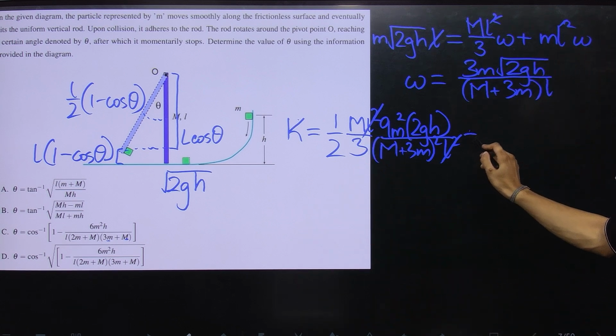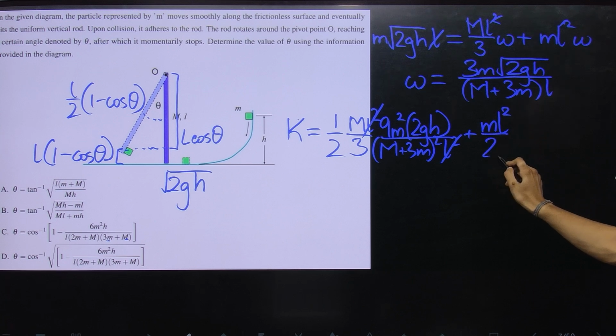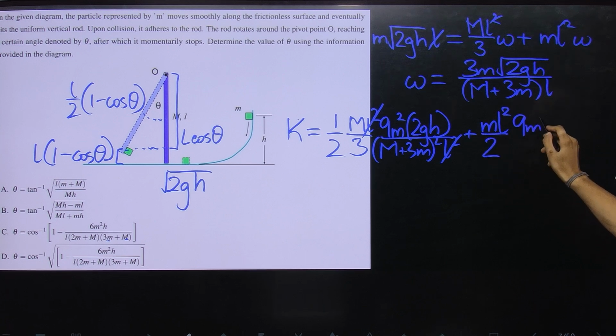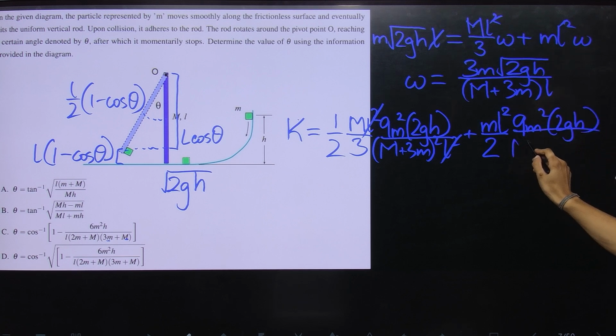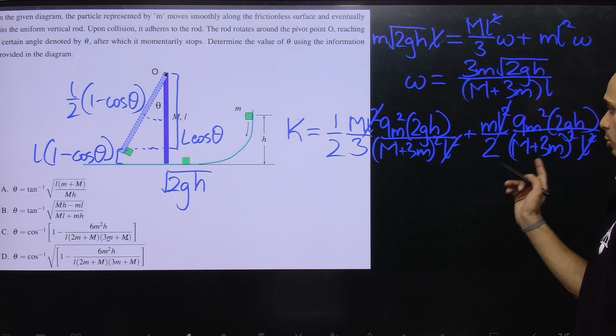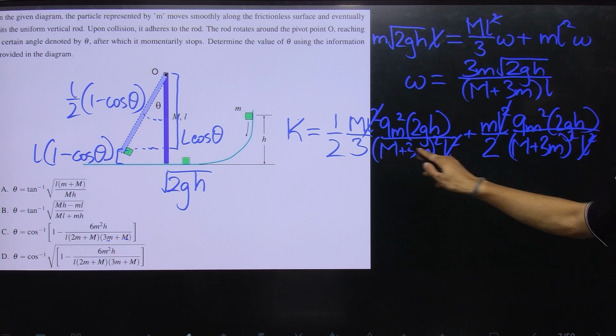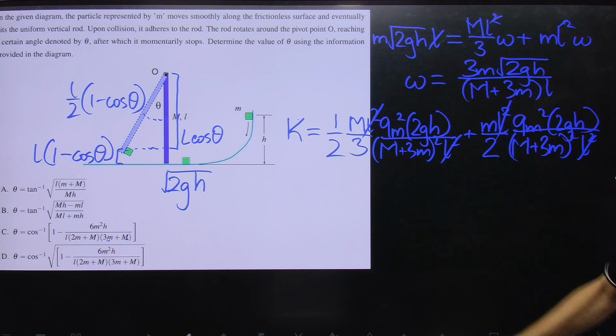And we will add the moment of inertia of the mass into omega square, 9m square 2gh upon capital M plus 3 times small m the whole square into L square. Again L square will get cancelled. Now in order to make the denominator common again, we can multiply this 3 with the mass 3m and take the rest of the terms all constant.